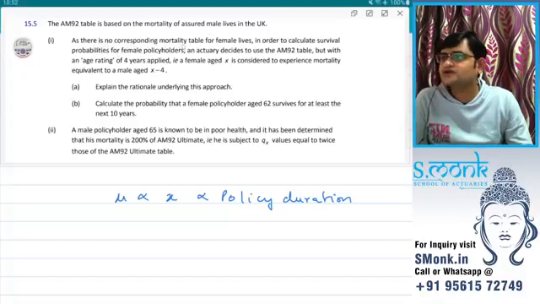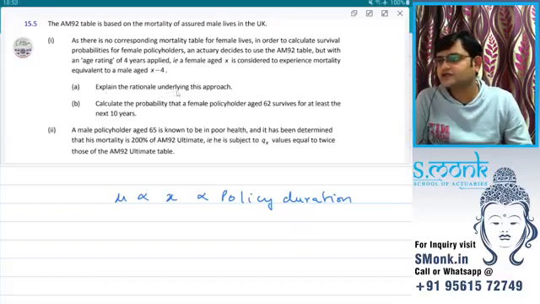As there is no corresponding mortality table for female lives, in order to calculate the survival probability for female policyholders, an actuary decides to use the M92 table but with an age rating of 4 years applied. That is, a female aged x is considered to experience mortality equivalent to a male aged x minus 4. So females are experiencing less mortality. Okay, it is directly related here.